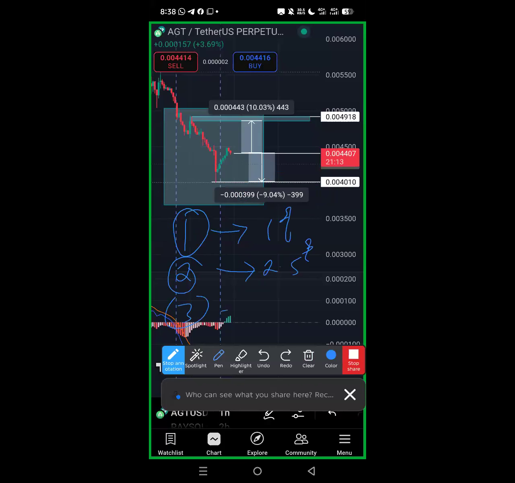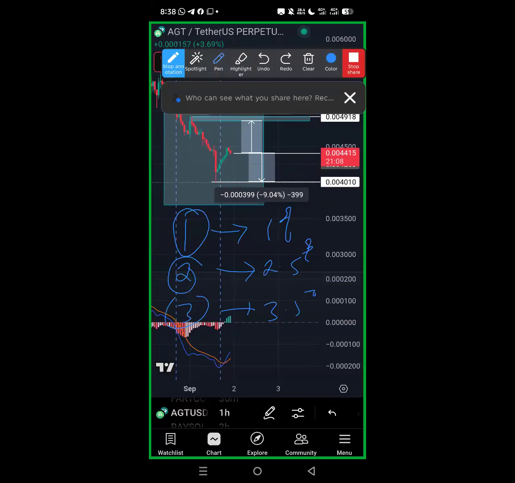Third call, set it to around 3.5%. Let me just see. It must be in an order of, let's say this is 2, then maybe this is 3. Then on the fourth call, you can decide to set this as 5%.